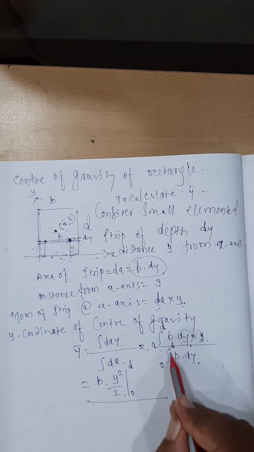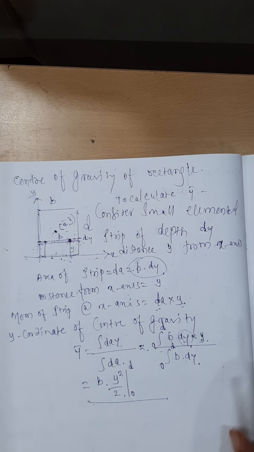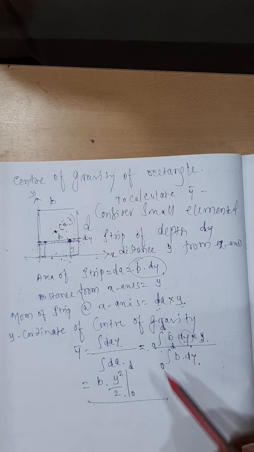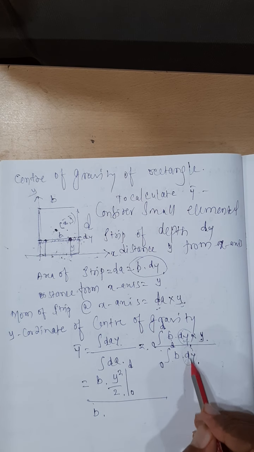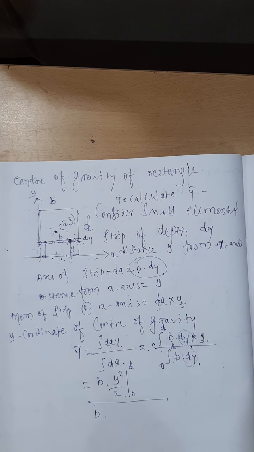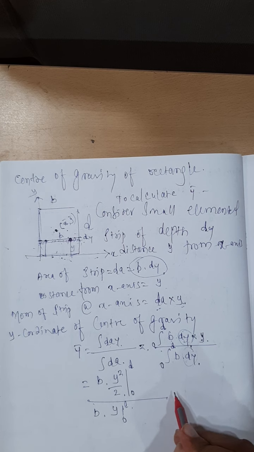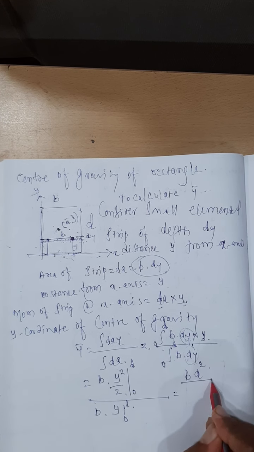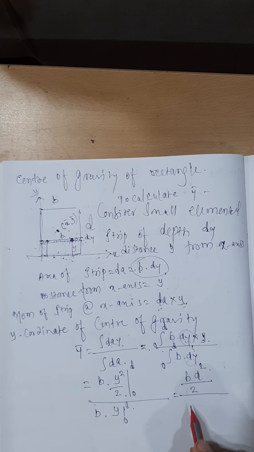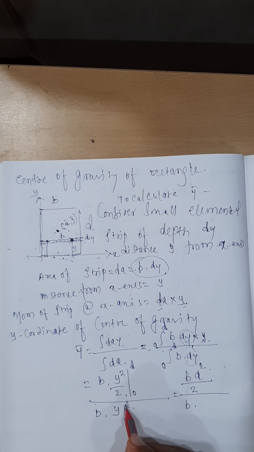Divided by the integral of b into dy, where the integral of dy is y, b is constant and kept outside, with limits 0 to d. This is given by b d square by 2 divided by b into d.